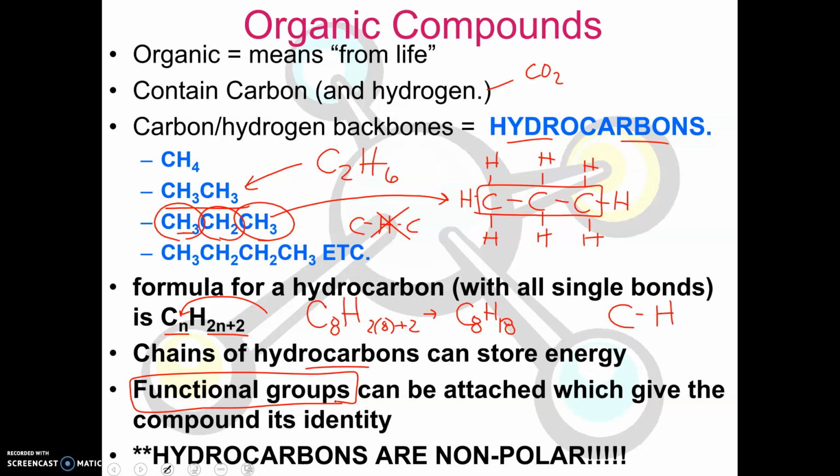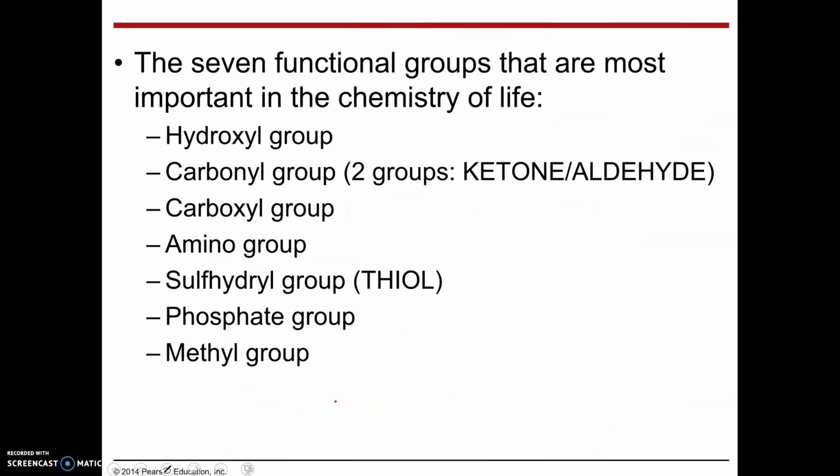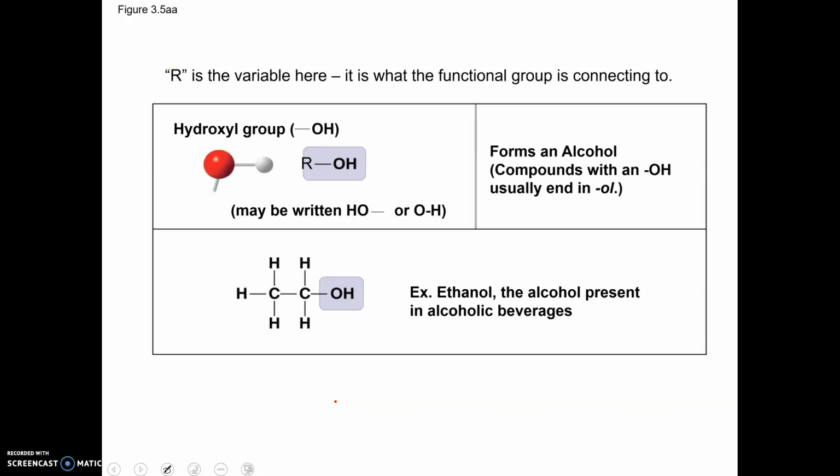So when we talk about these different groups of compounds, sugars, the proteins, and whatnot, each one has specific functional groups found on it that give it specific properties. So today we're going to go through seven functional groups that are important in the chemistry of living things. This slide is just sort of a preview, so let's just jump right in.